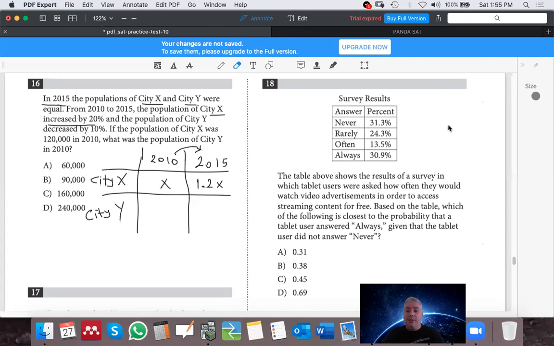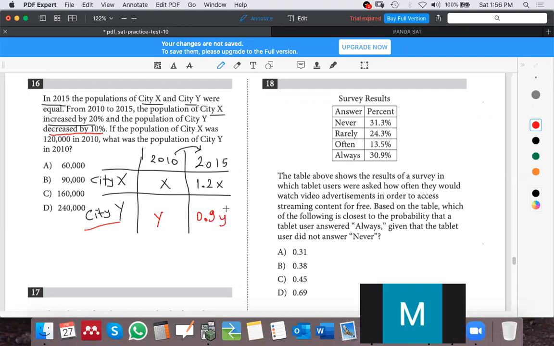Okay, let me continue. After that, if I call the population Y at 2010 for city Y, it says decrease by 10%. Isn't it 0.9Y? So it was 100, for example. 10% means 100, 10%, 10. 100 minus 10, 90.